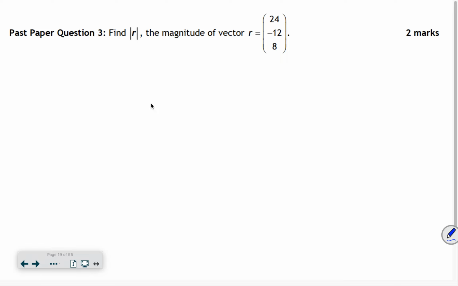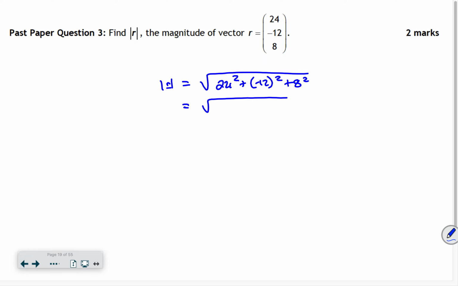Past paper question 3. Find the magnitude of R. So I want to find the square root of 24 squared plus minus 12 squared plus 8 squared. So then let's just work that out.